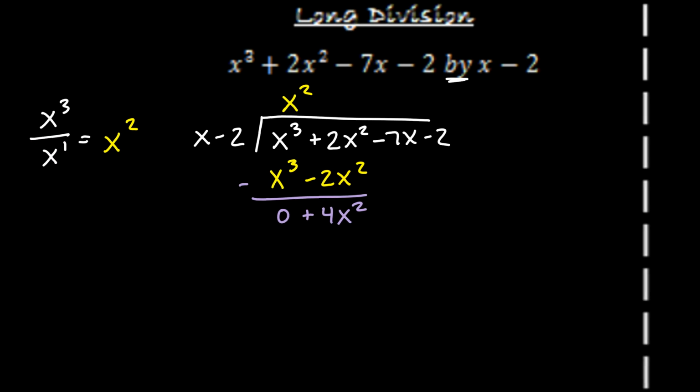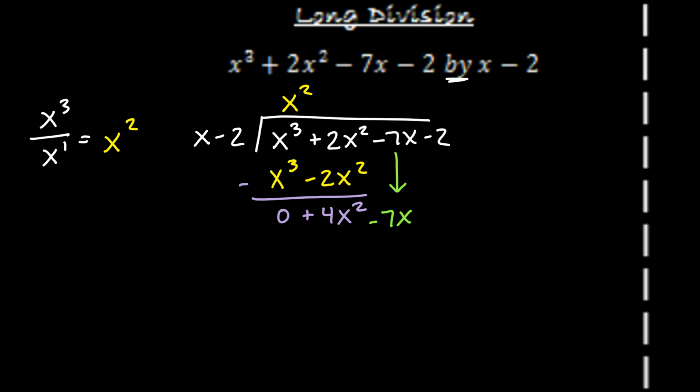Now, who remembers what to do? Bring down your next term. And you repeat the process all over again. So you ask yourself, this first term that we have after subtracting, the 4x squared, what is 4x squared divided by x? 4x.